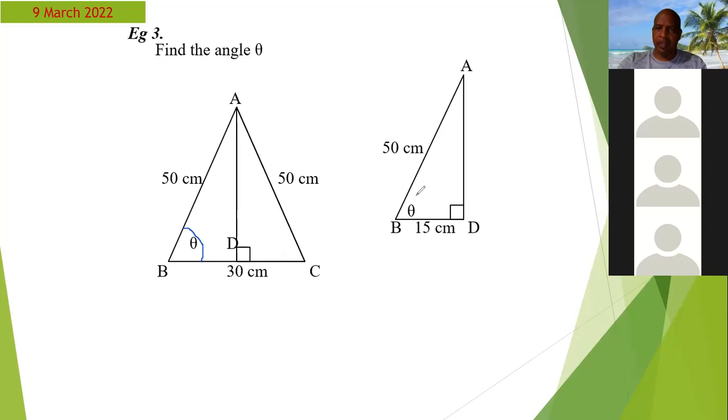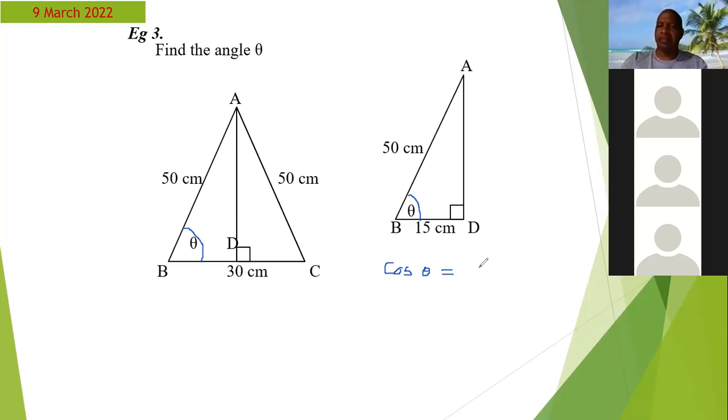I'll try. I have that already, sir. I did divide the 30 centimeters and get the 15. Then I have the cosine, which is adjacent over hypotenuse. So the cosine of x, or in this case, theta, the cosine of theta is equal to which side over which?